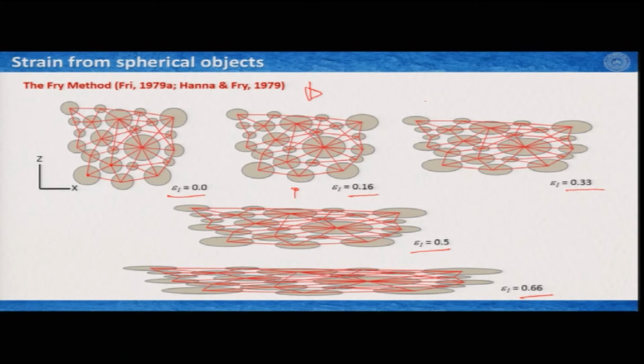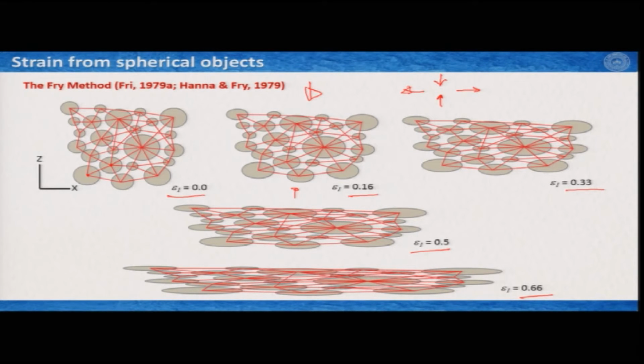So, clearly if I deform this piece this way, the vertical direction is the compression and shortening direction, and the horizontal direction is the extension direction.